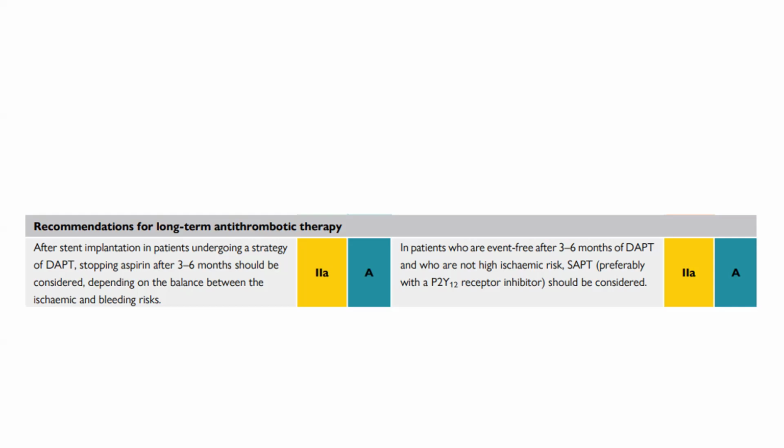Then single antiplatelet therapy should be considered. So the key here is event-free and not high ischemic risk. Then you consider single antiplatelet therapy, and the data seems to support the P2Y12 inhibitors in long-term antithrombotic therapy.